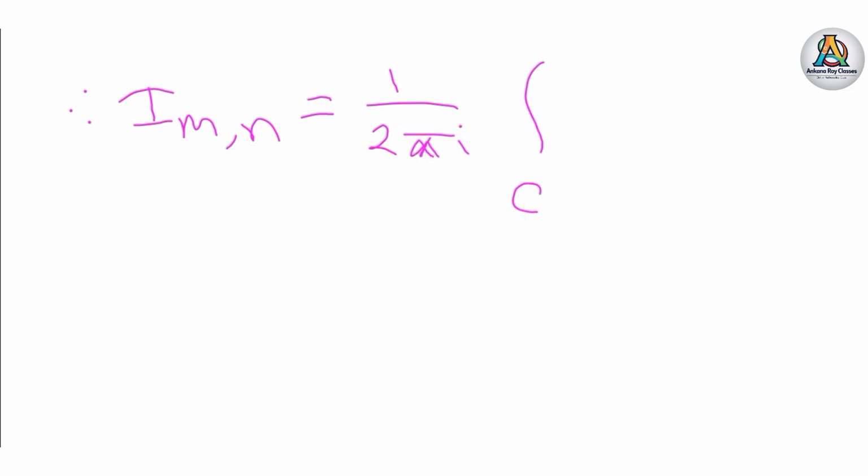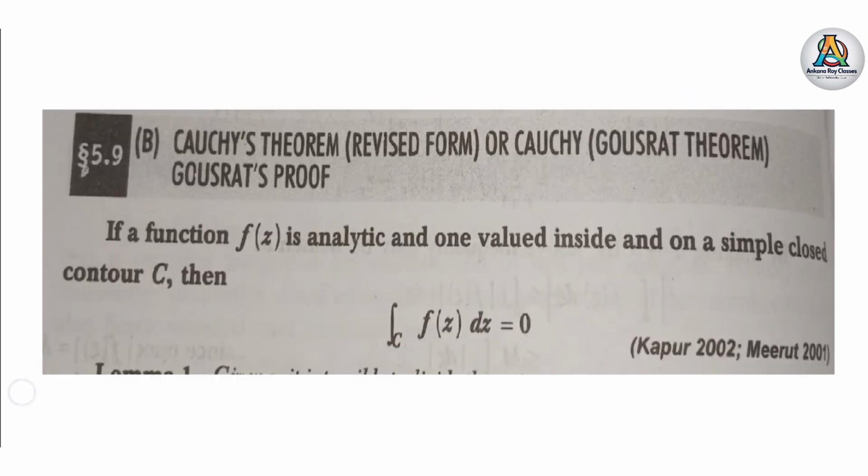Therefore, I_mn is equal to 1 by 2 pi i integration over C 1 into dz. Here we use Cauchy's theorem. This is Cauchy's theorem or Cauchy-Goursat theorem.